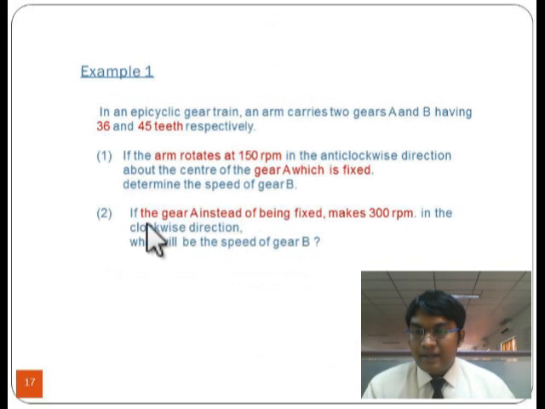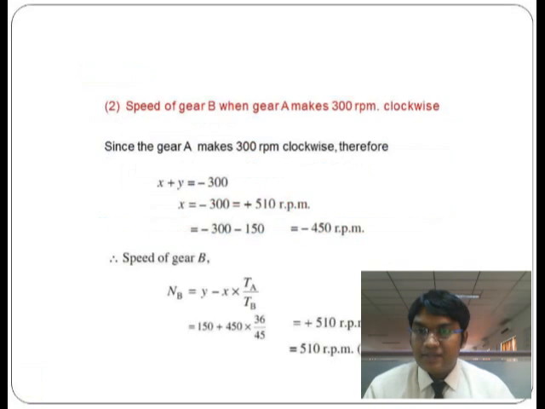Next, now if gear A, instead of being fixed, makes 300 rpm in the clockwise direction. In the previous criteria, gear A was fixed. Now it's not fixed, it's going to move at 300 rpm in the clockwise direction. What will be the speed of gear B? This is going to be the second question. Gear A makes 300 rpm clockwise. Therefore, before it was 0, now it's going to be minus 300.